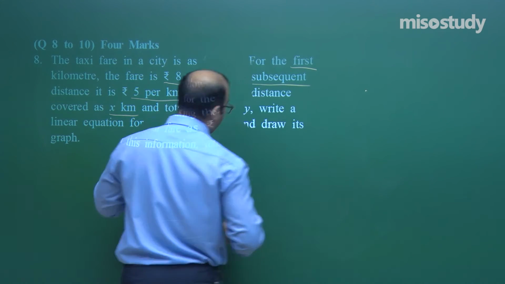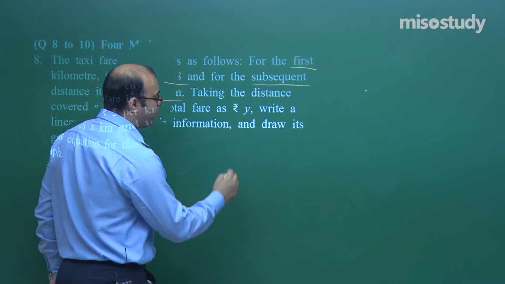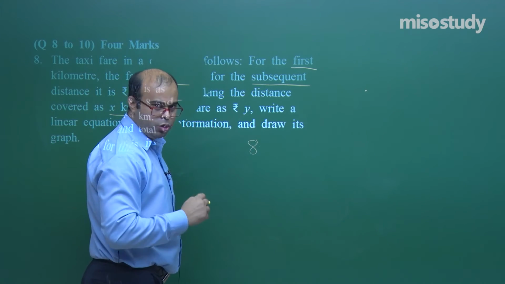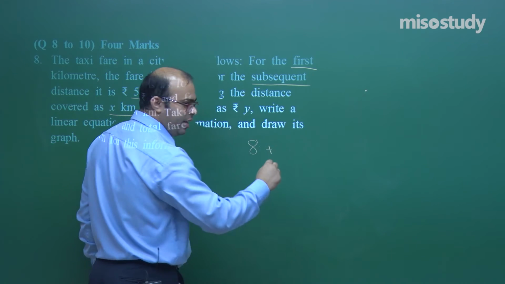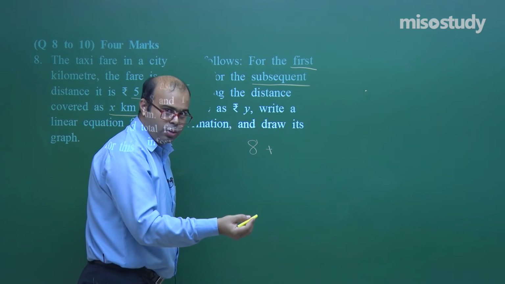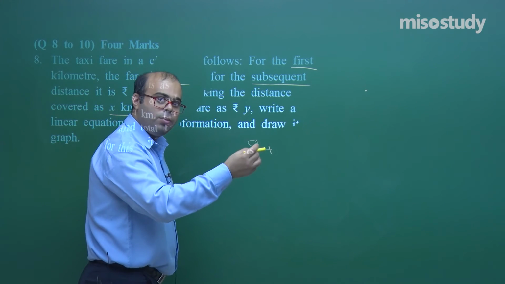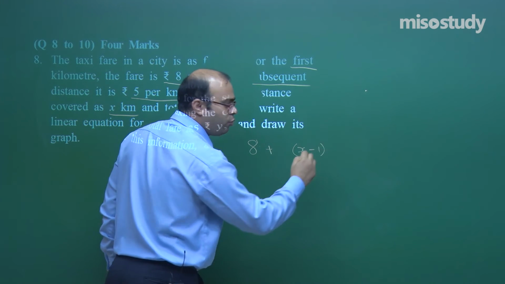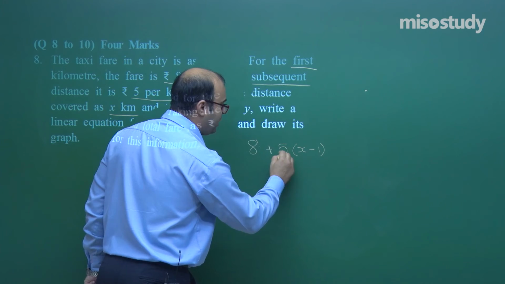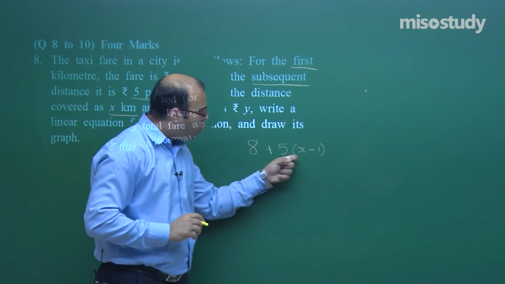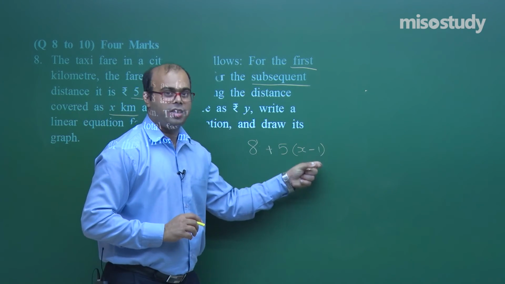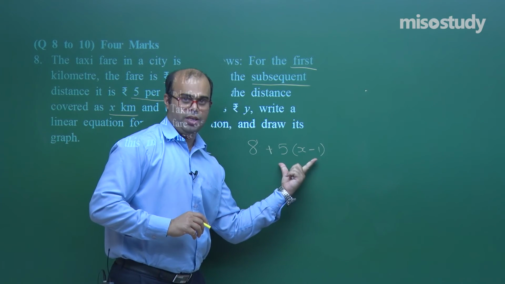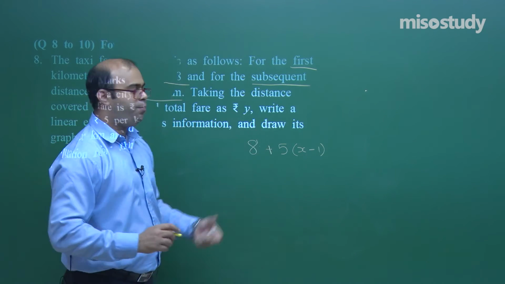So, if we want to get the total cost, we will say 8 rupees is given to the taxi driver for the first kilometer plus for the next x minus 1 kilometers. Total is x kilometers, 1 kilometer cost is already given. So, x minus 1 kilometers cost is 5 rupees per kilometer, so we multiply this with 5. This is the total cost which will be given to the taxi driver for the first kilometer and for the other x minus 1 kilometers at rupees 5 per kilometer.